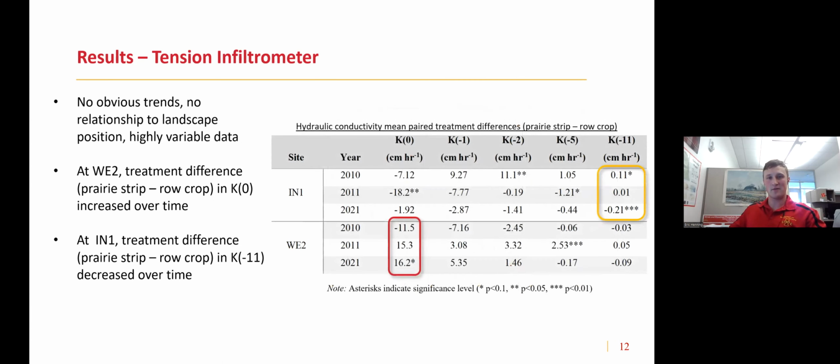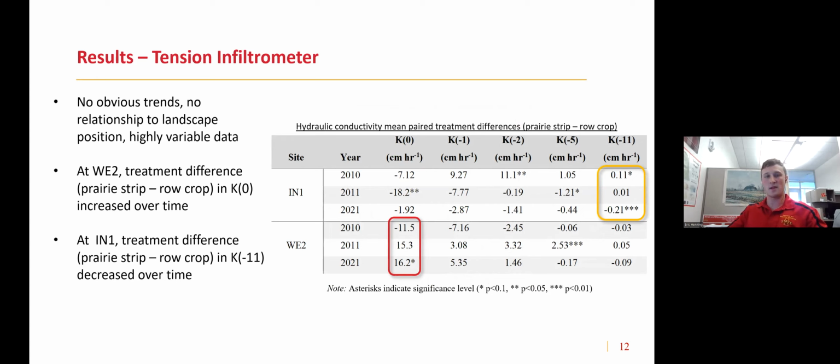However, if we focus in a little bit and take a look at this table, which shows the differences in hydraulic conductivity between the prairie strip and the row crop. A negative value would signify that the row crop has greater conductivity than the prairie strip, and a positive value would be the opposite.